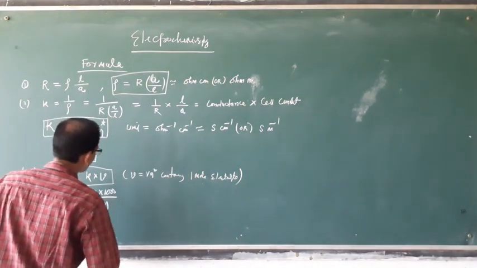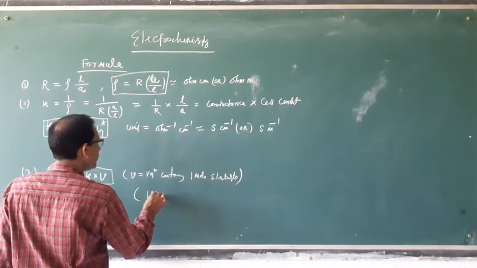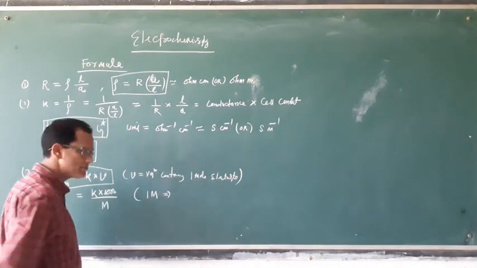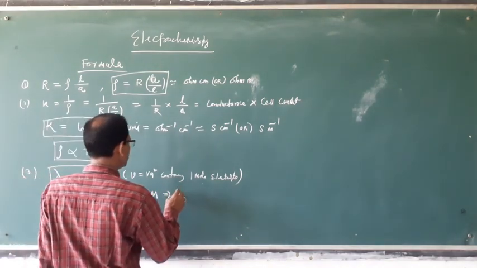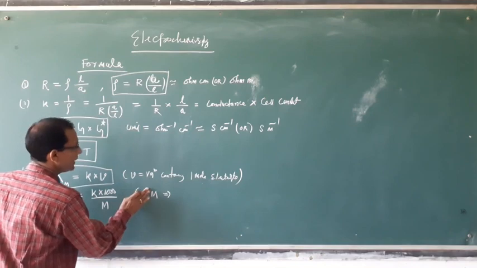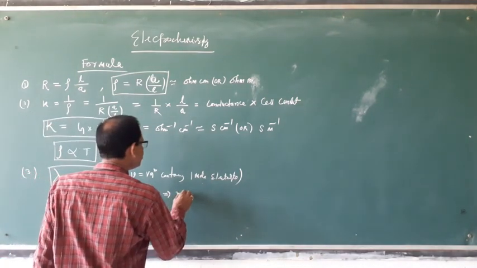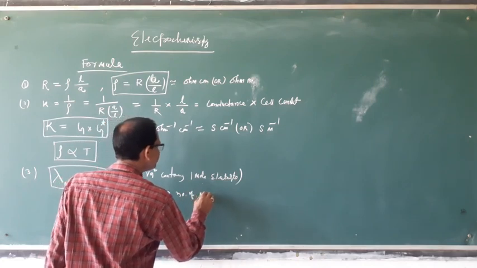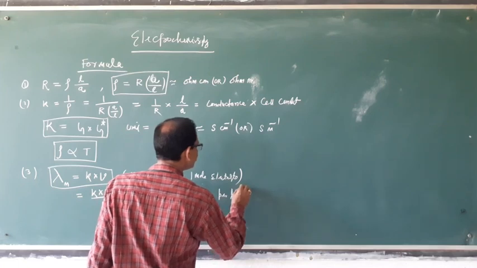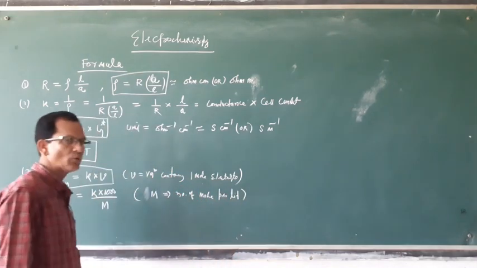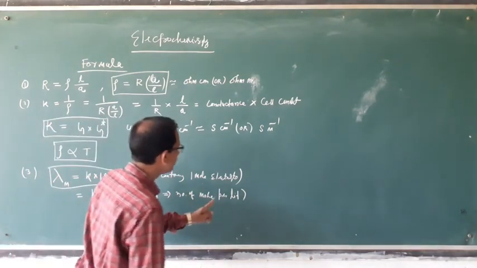Here, 1 M solution means M stands for molarity, the number of moles per liter. Per liter means 1000 cc.